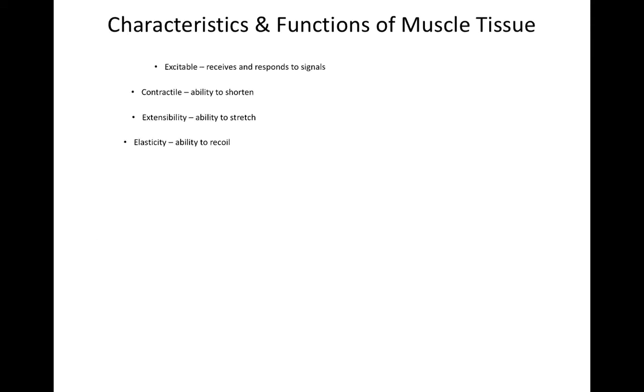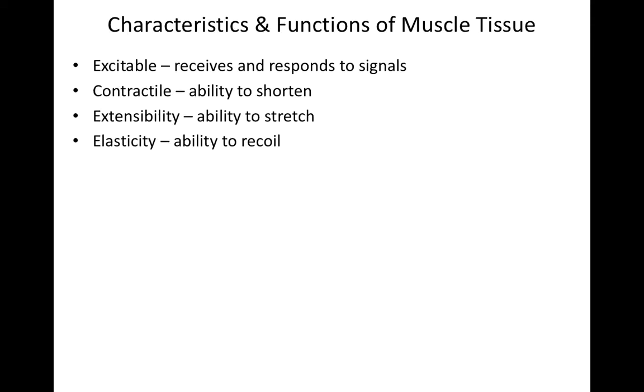So there's several characteristics of muscles that make them have the ability to do what they do. First is that they are excitable. So this means that they can receive and respond to an electrical signal. Okay, we're going to be talking in probably the next section about the signals, the action potentials, which are really electrical signals.